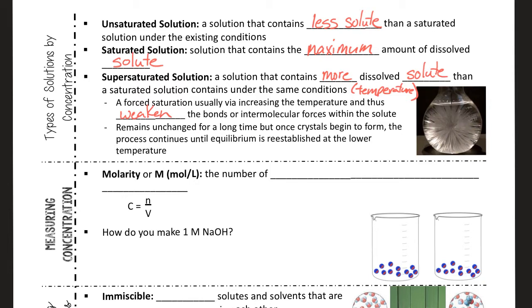So molarity, you're going to use the capital M as an abbreviation for molarity. It's the number of moles of solute per 1 liter, and it's important that it's 1 liter of solution.